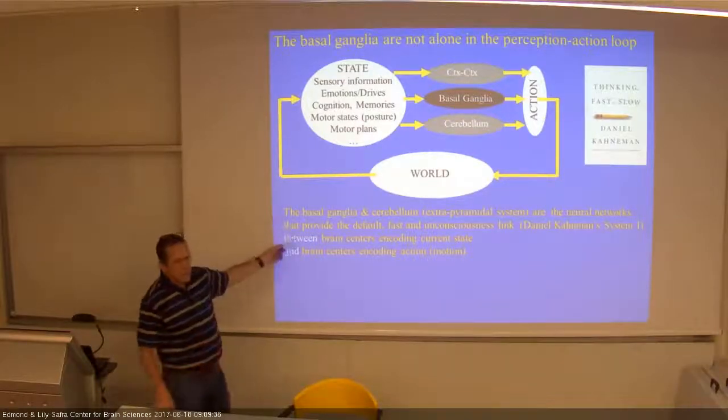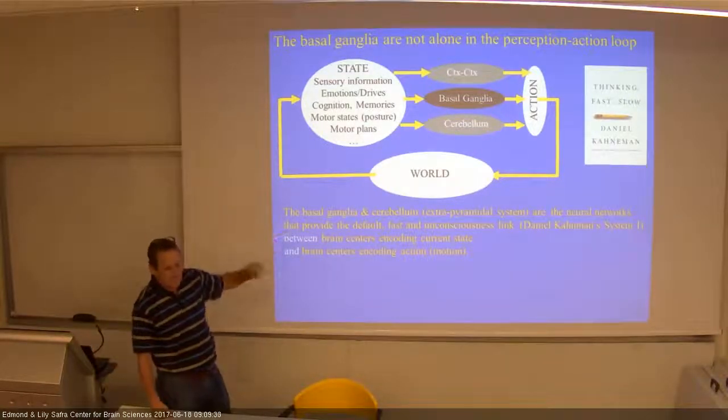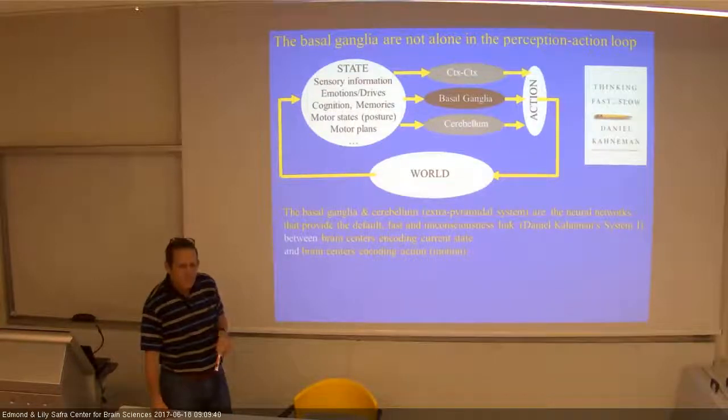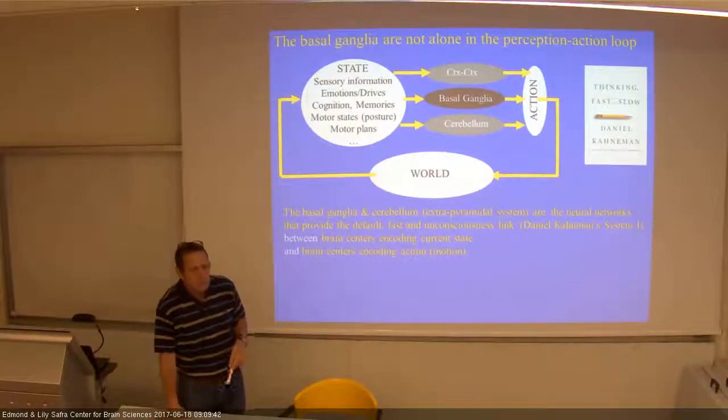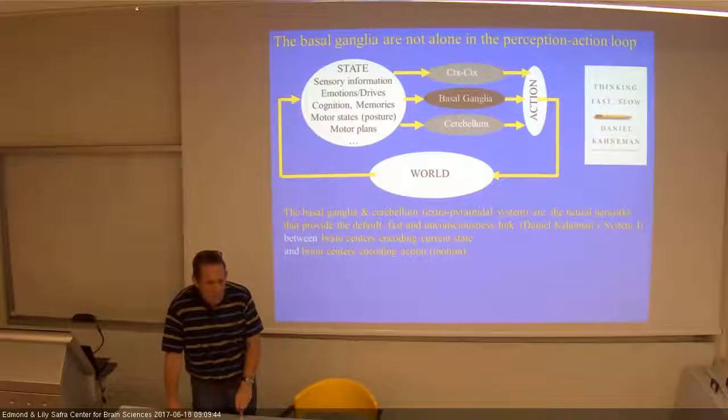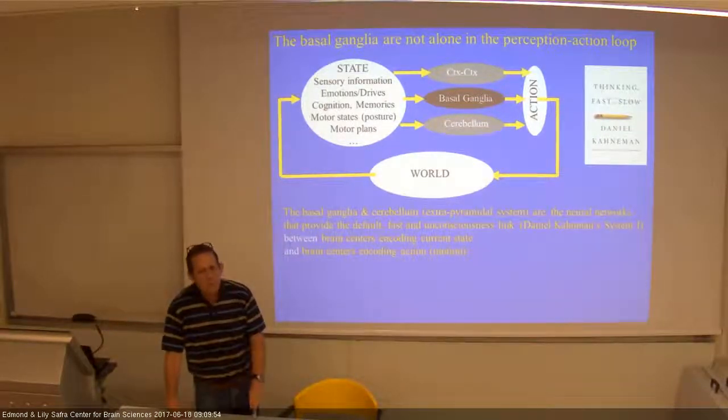What we claim is that the basal ganglia and action is cortex? No. Action is not only cortex. Action for me is, let's say, the motor cortices, okay? So M1, SMA, premotor, okay? But also the brainstem nuclei, okay?